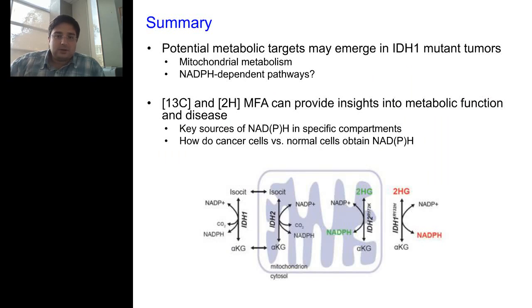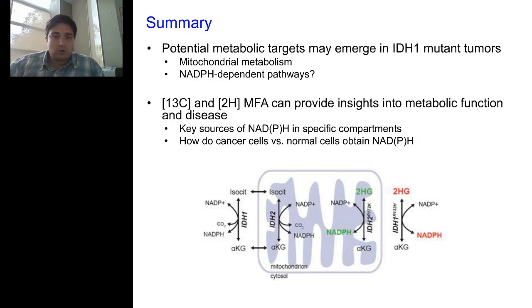So to quickly summarize what I've described to you today, our analysis of carbon metabolism and NADPH metabolism in IDH1 mutant tumor cells is identifying some potential therapeutic targets that may be exploited in combination with or independent of mutant IDH inhibitors.